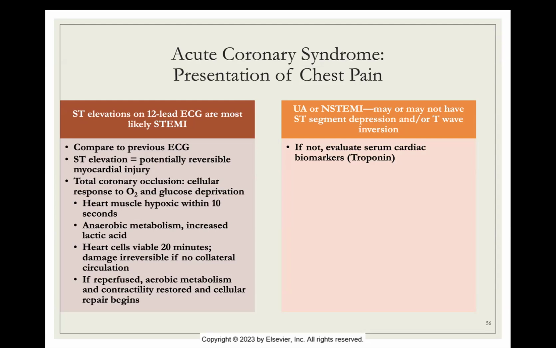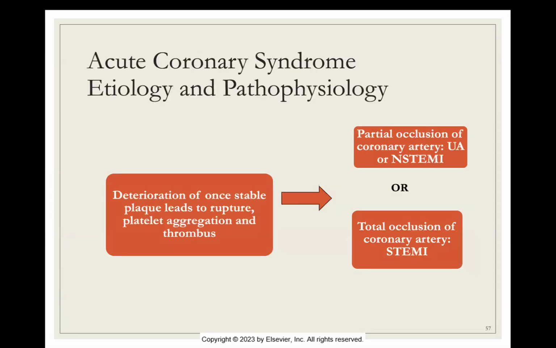But with an NSTEMI, we have the EKG changes plus we have the biomarkers in the blood. So unstable angina is EKG changes of ST segment depression and/or an inverted T wave. And NSTEMI are the same EKG changes plus elevated troponin level in the serum.